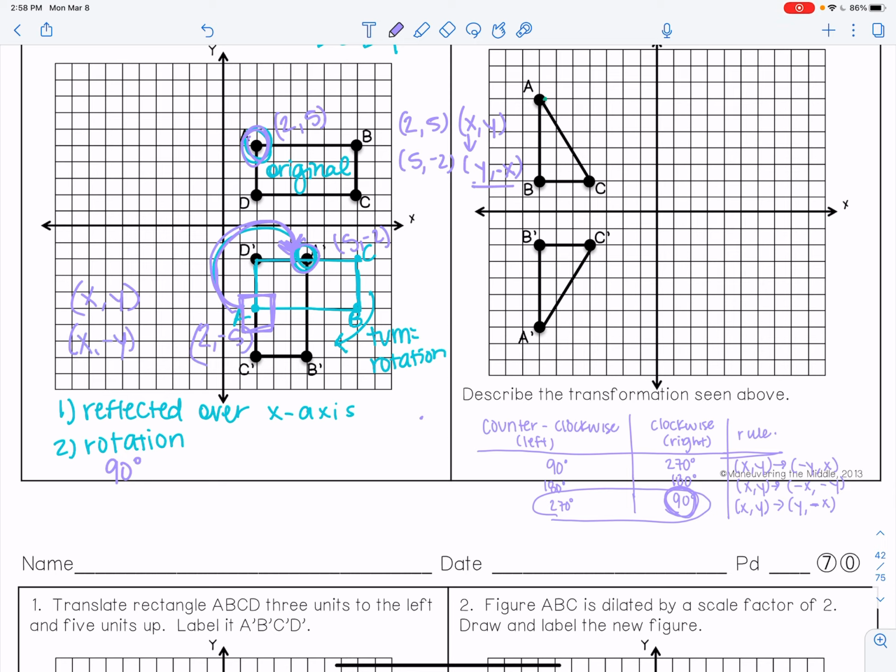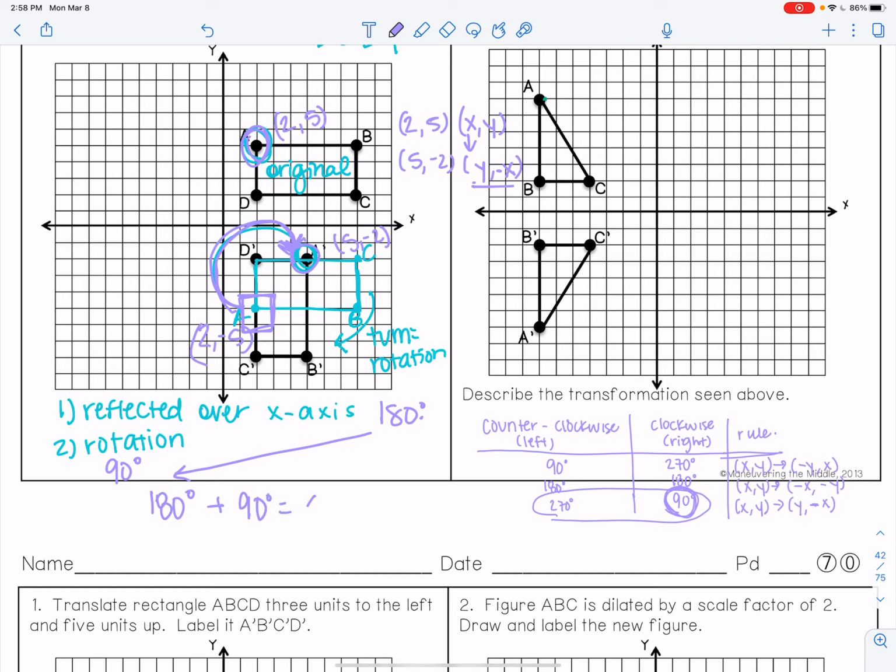When you have x comma negative y, you really don't normally have that, but you do know that what happened is you've reflected across an axis, which means you flipped it 180 degrees. Okay, so here we've also flipped it 180 degrees, and since we've done that, you need to add these two together. So you can have your 180 and your 90.